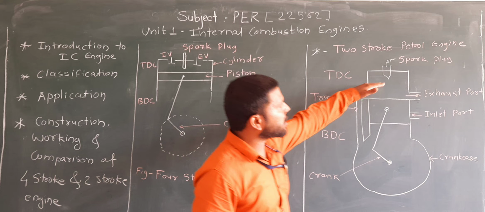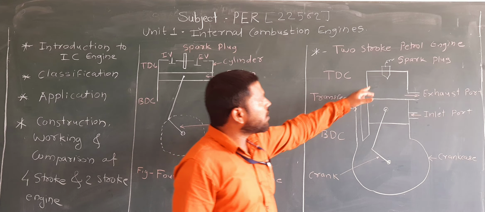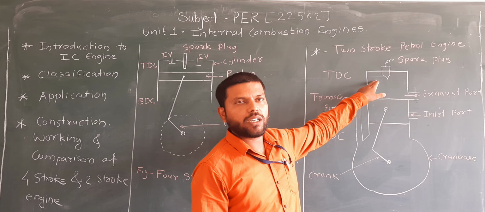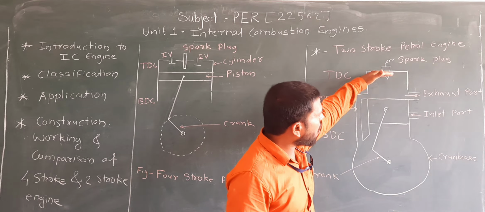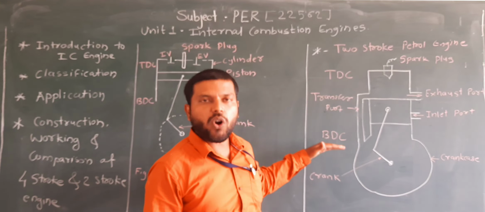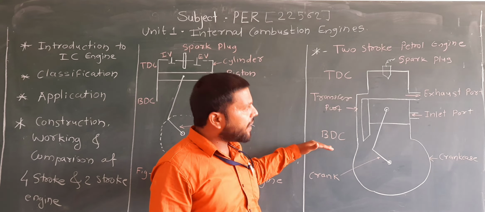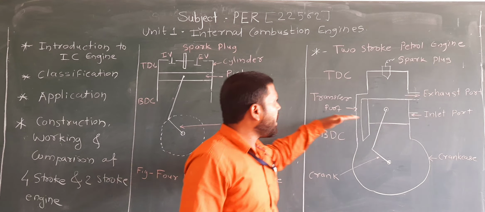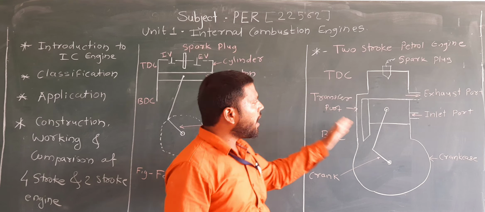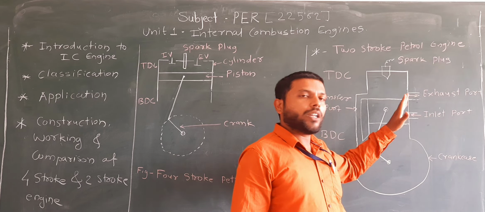When the first stroke is completed, in the second stroke, the spark is produced. Therefore, the piston moves from top dead center to the bottom dead center. At that time, the exhaust port and transfer port are uncovered, and the inlet port is covered.